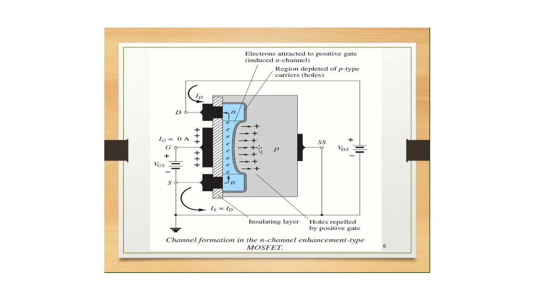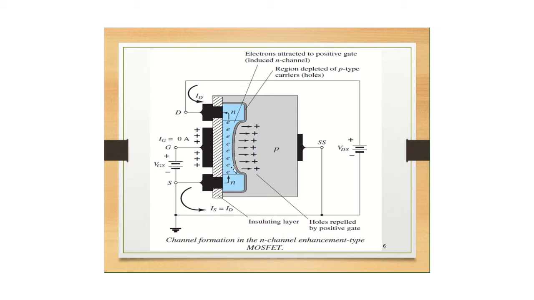Because of this, the holes will be pushed down. Due to this, what happens? The region near the surface becomes less p-type, and then it will become n-type because of excessive negative charges here.